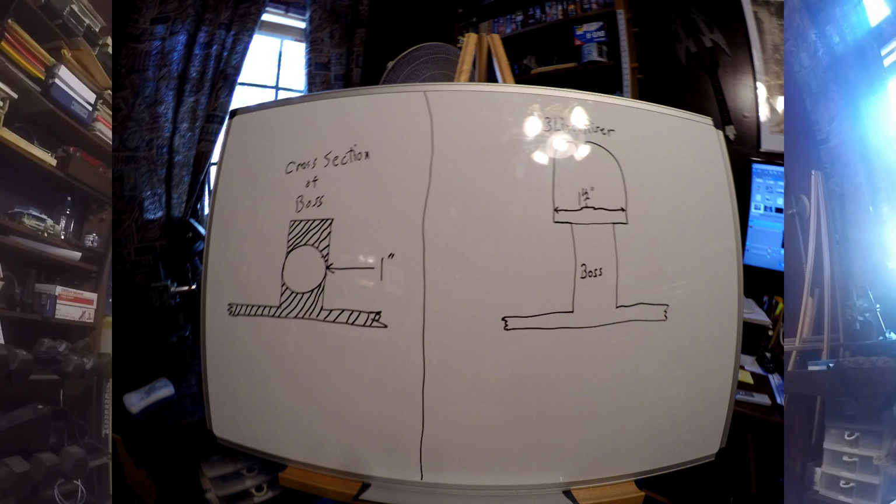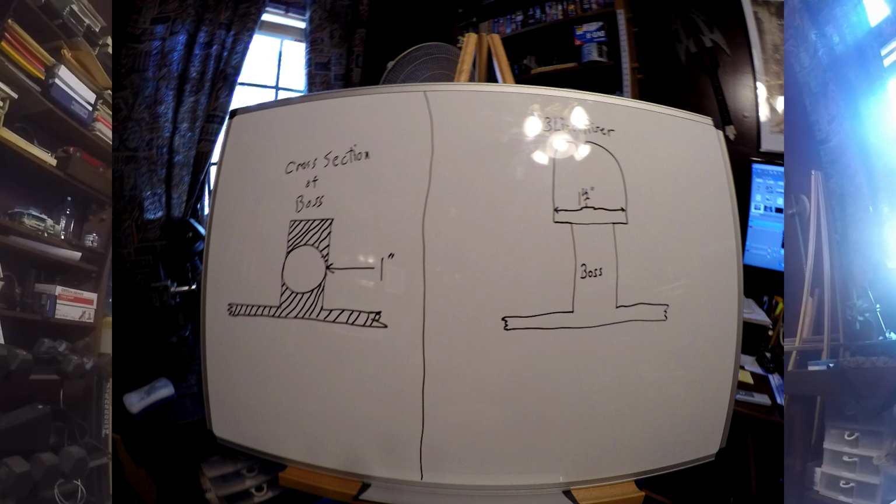Now you inscribe within the cross section the largest possible circle. Measure the diameter of the inscribed circle and multiply it by 1.5 to obtain the diameter of the riser. So if the inscribed circle of the cross section you're trying to feed was an inch in diameter, the base of your riser is going to be 1.5 inches.